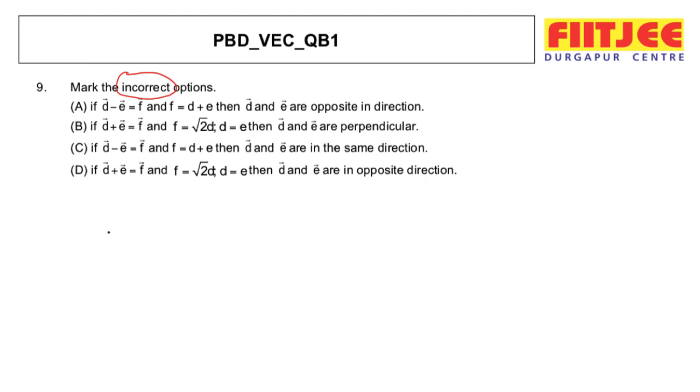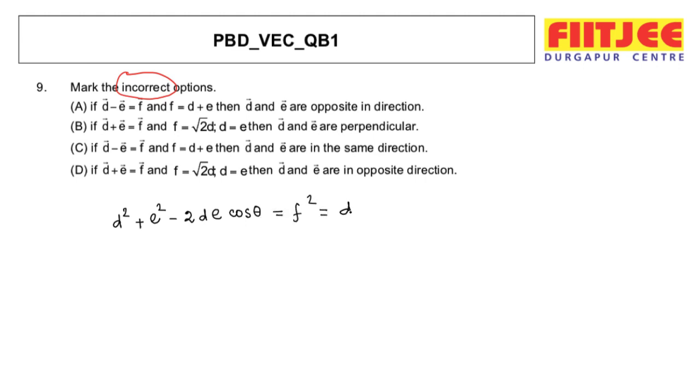So what is the magnitude of D minus E? That is D square plus E square minus twice DE cos theta, and that is equal to F square. Now what is F square?